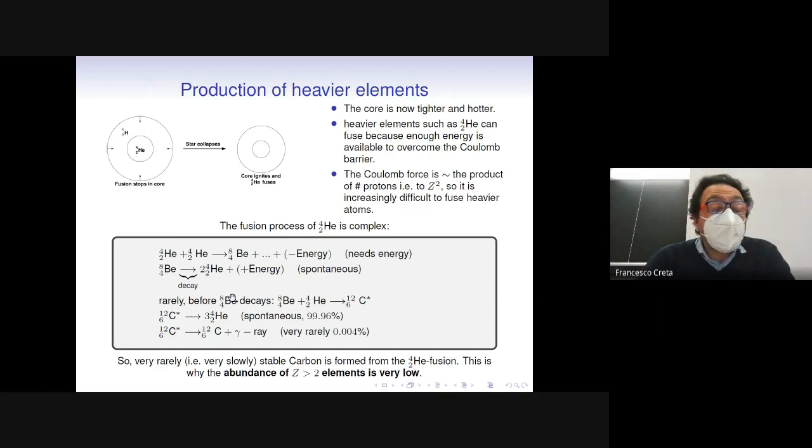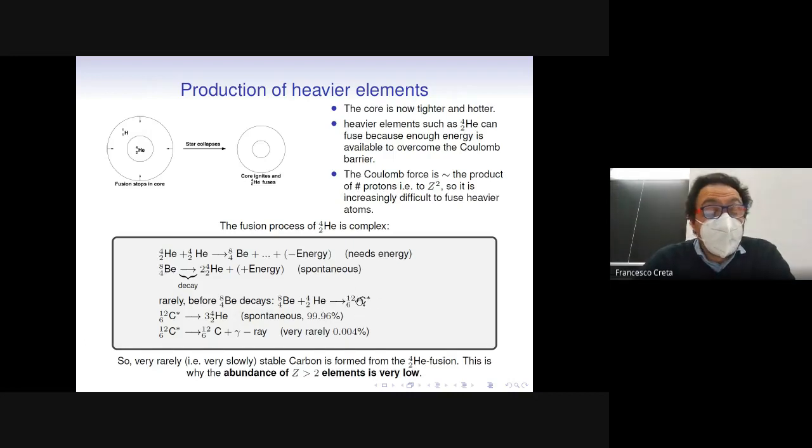But very rarely, very slowly, you have this fusion between beryllium and helium to form our friend carbon.